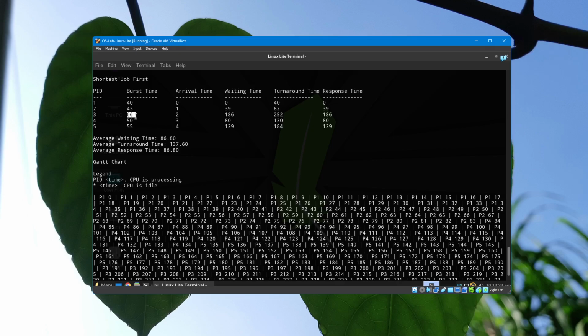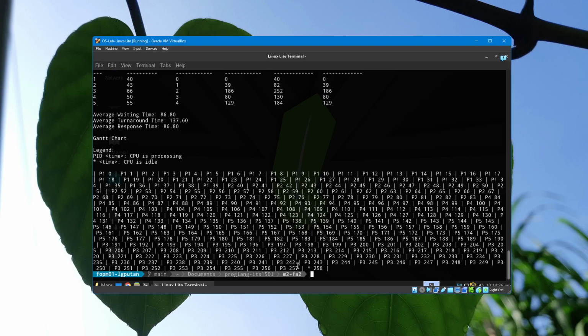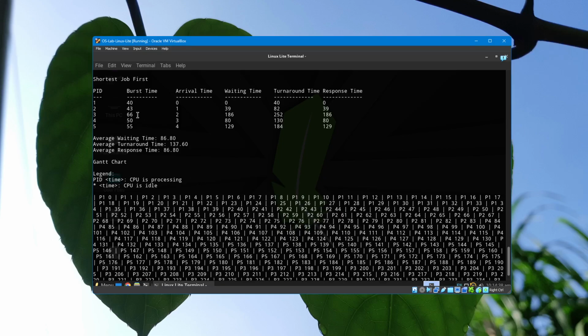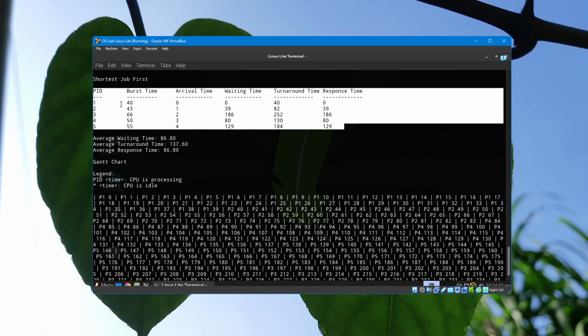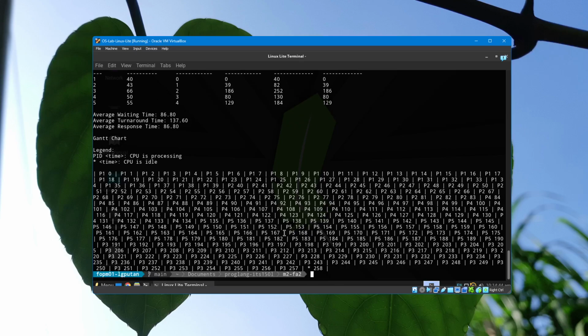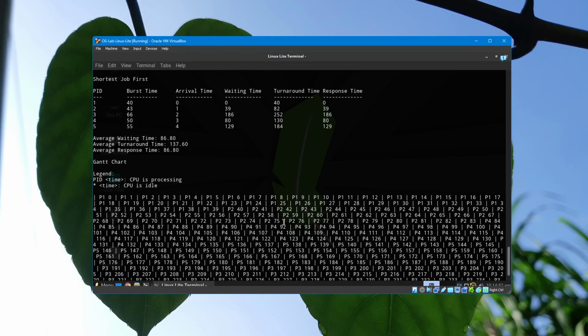Or than P3, and then P3 would be the last one since it has the longest burst time in our queue, right? So that means we're just processing the shortest job or the shortest burst time that is in the ready queue. So that's pretty much it, and thank you.